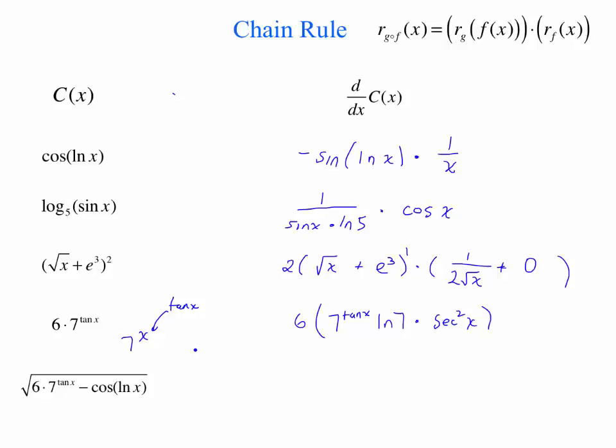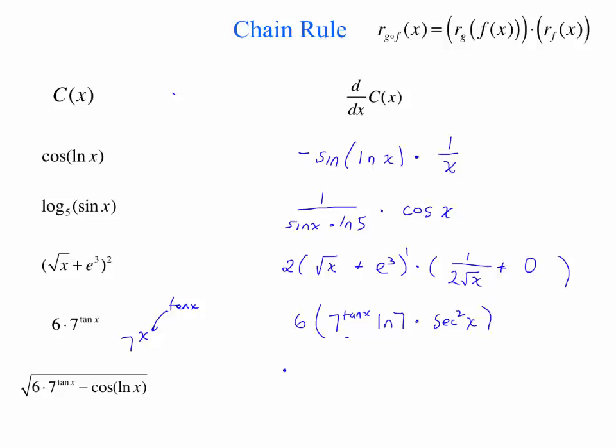So your g function is 7 to the something, and your f is tangent. You see it now? Then it's the rate of change of g, which is the rate of change of an exponential function, 7 to the something times ln of 7, times the rate of change of the interior function, which is the rate of change of tangent x. Better? Last one, exterior function.